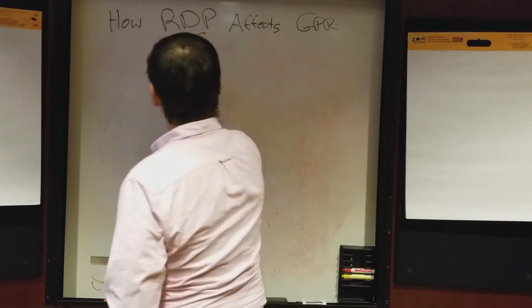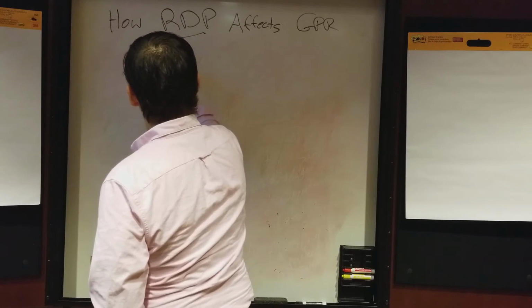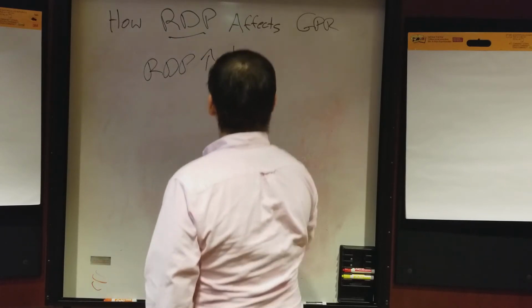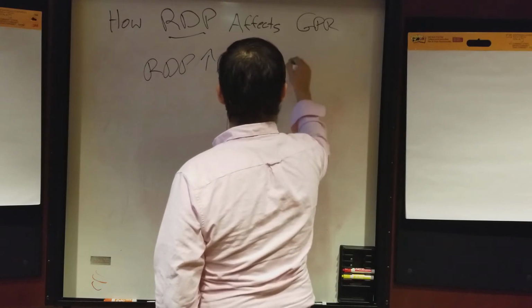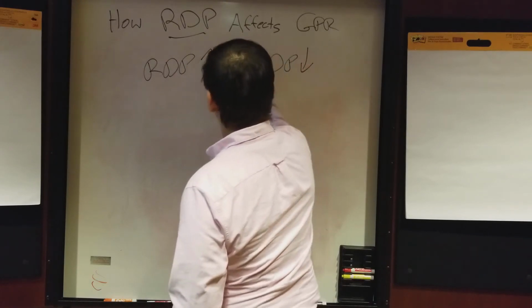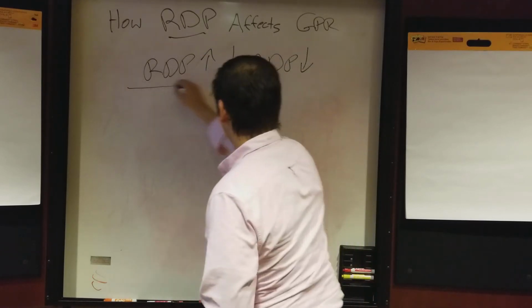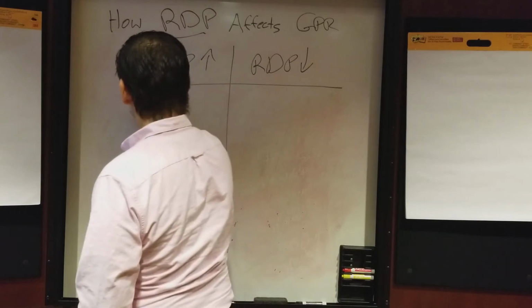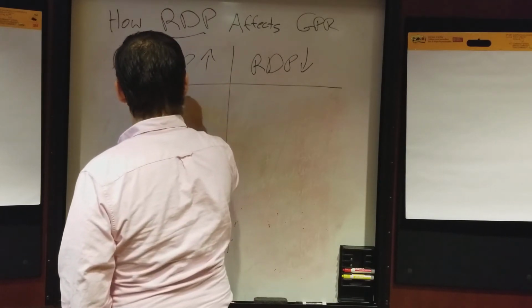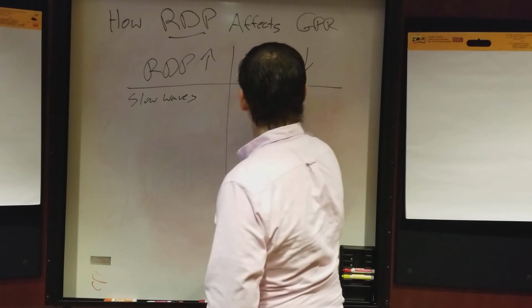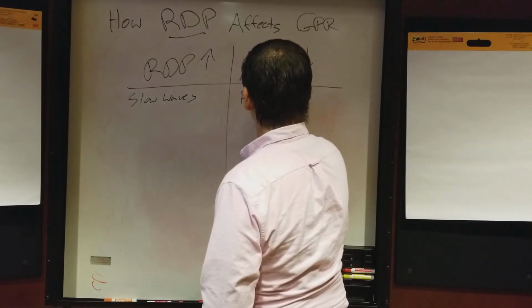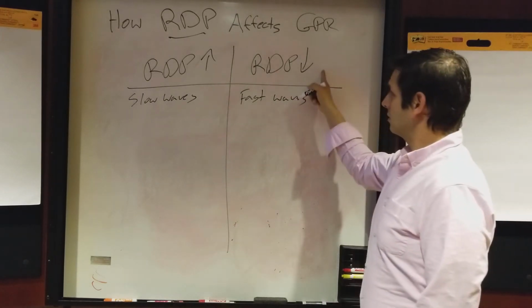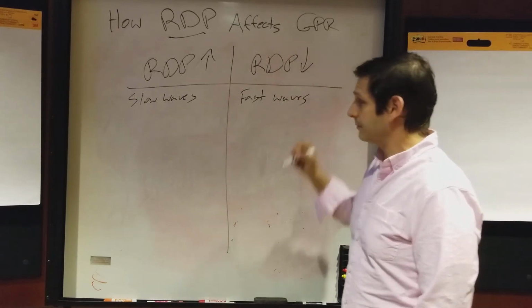We'll have high RDP versus lower RDP. High RDP, slow waves; low RDP, fast waves. So there's an inverse relationship.